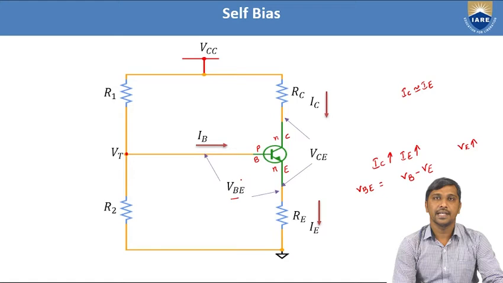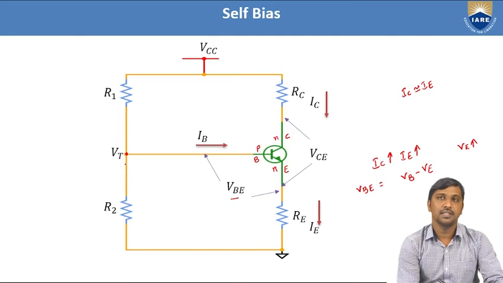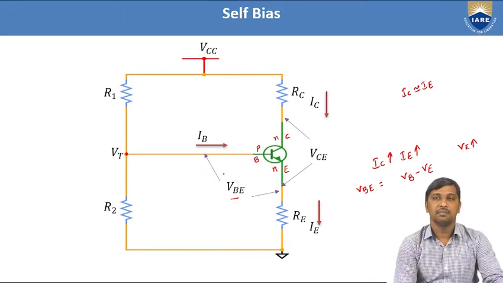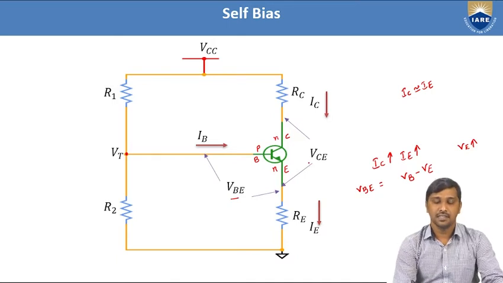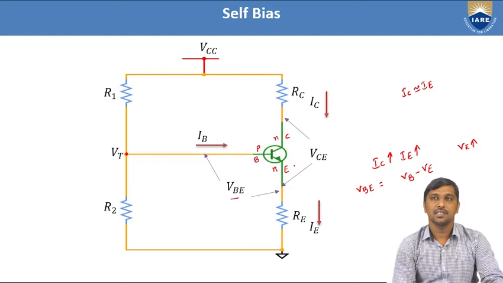The circuit itself compensates the change in collector current in terms of this potential divider network voltage, and due to this voltage it always keeps the emitter base junction forward biased, and the collector base junction is already reverse biased. Hence, the transistor always acts in the active region.